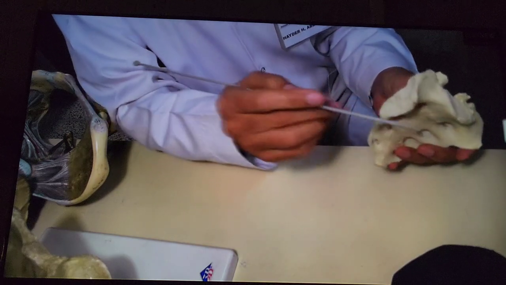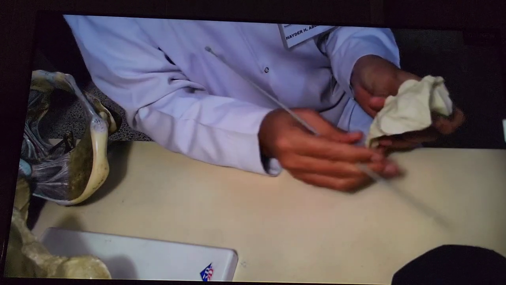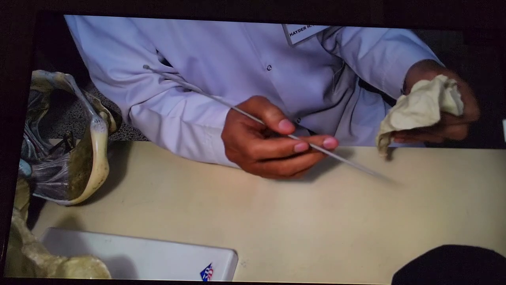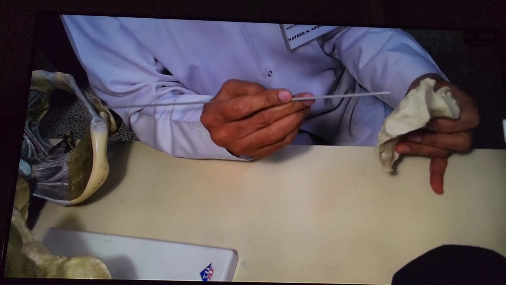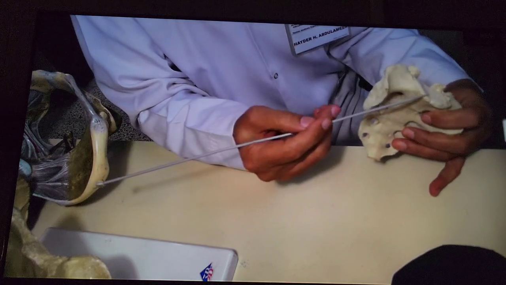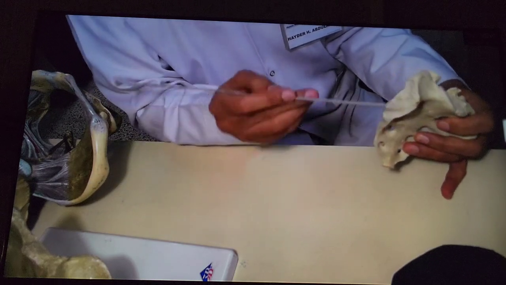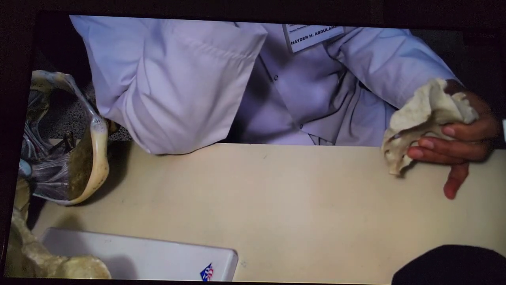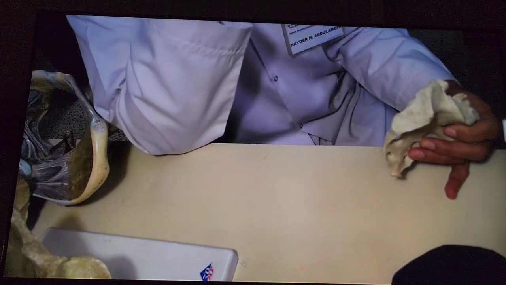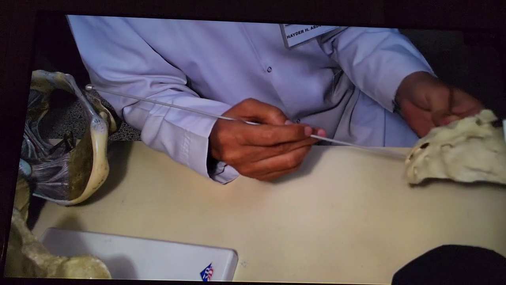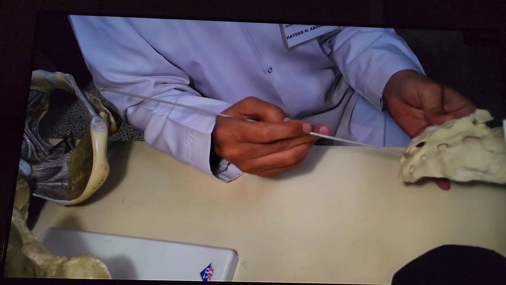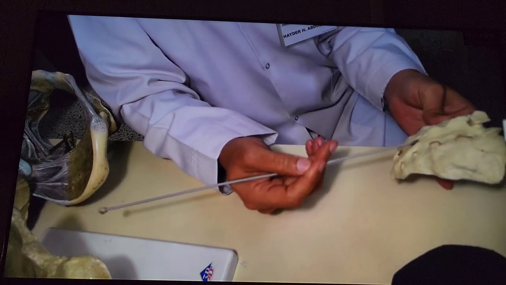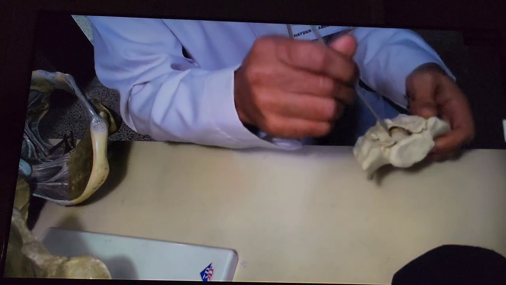When you take an oblique and flat view of the sacrum, we can see the following structures. Here we can see the promontory. Here is the auricular surface for articulation with the ilium to form the sacroiliac joint. Here is the sacral cornu, this is the sacral hiatus, and this is the sacral canal.